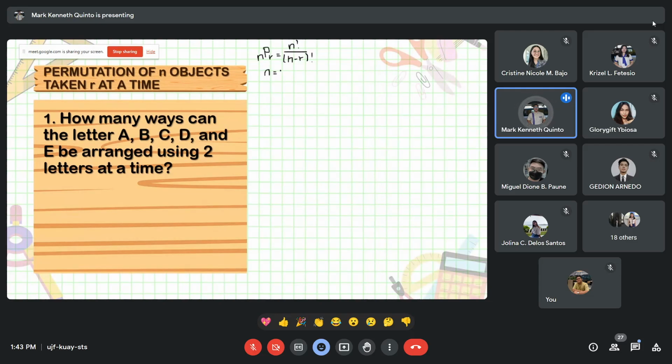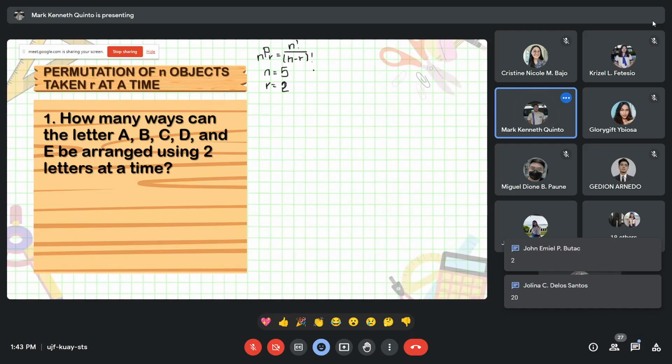Okay, next. So, we have n is equal to 5 since that is the letters A, B, C, D, and E pala, sorry. And what is the value of our r? 2. Kasi sabi nga sa ating problem, that is 2 at a time. So we can now substitute the values in our formula.